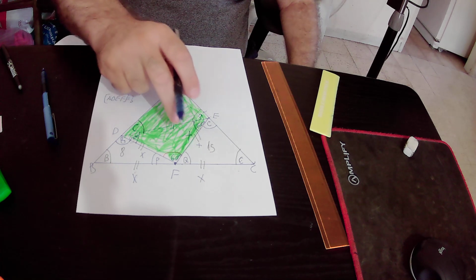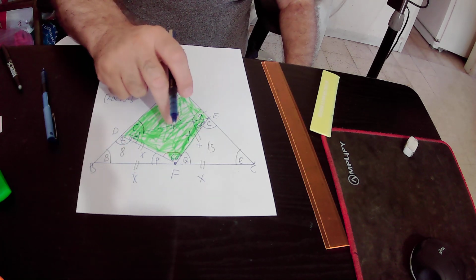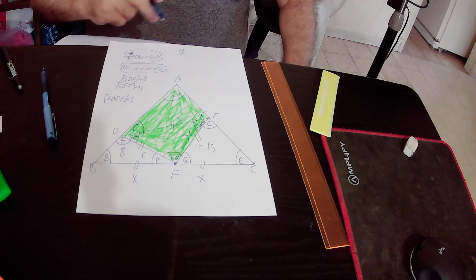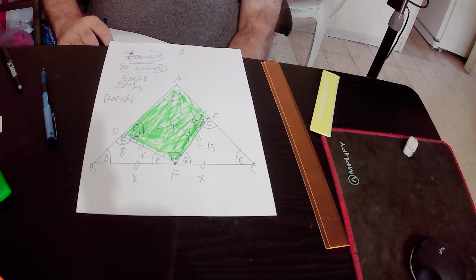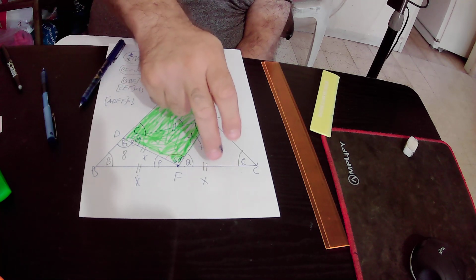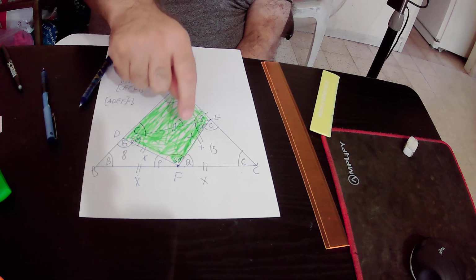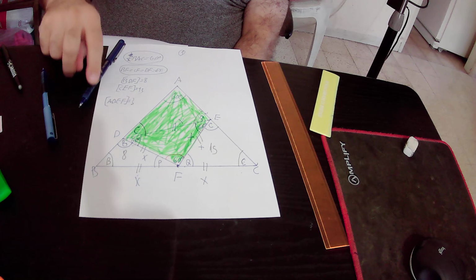If FC equals X, then FE also equals X. So it is X times X times sine Q over 2.